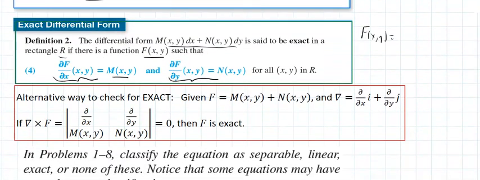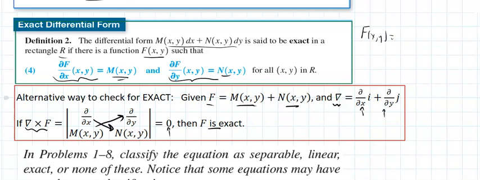Another way of doing this, we call the del operator the partial with respect to x, the partial with respect to y. So if we take del and cross it with f, where f is M plus N, in that order, then the determinant of this, if that equals 0, then it is exact, which is identical to what they're saying, because if these are equal and you subtract them, you should get a 0.